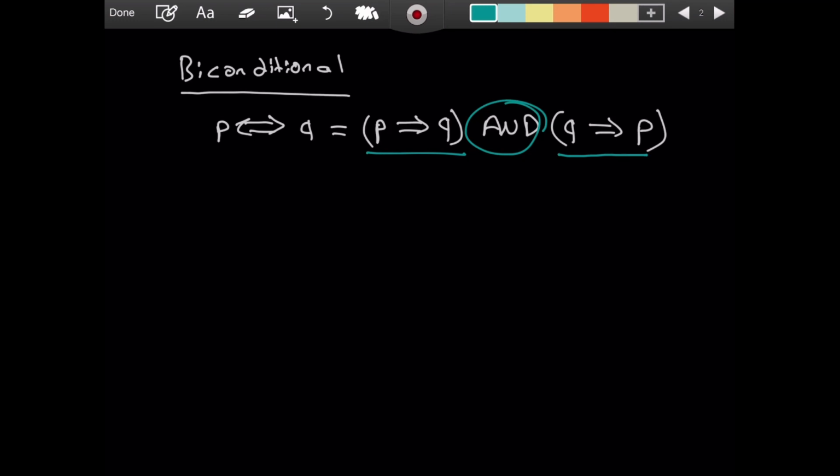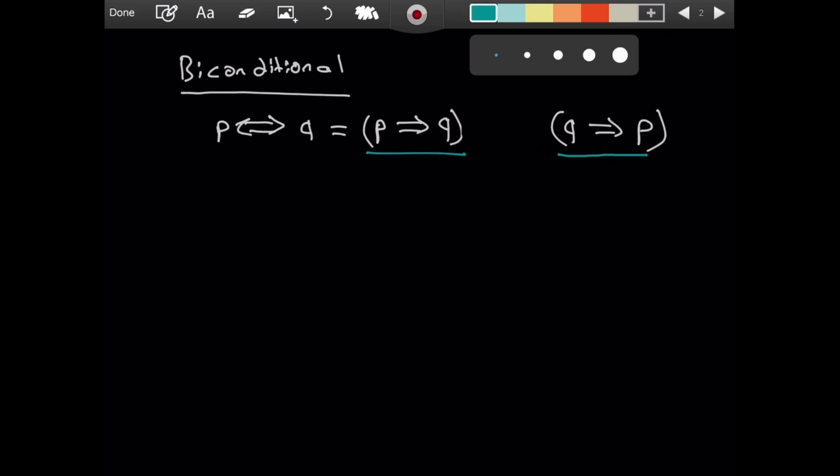Another way to write and is, let me even erase it and use the other way, which is like so.